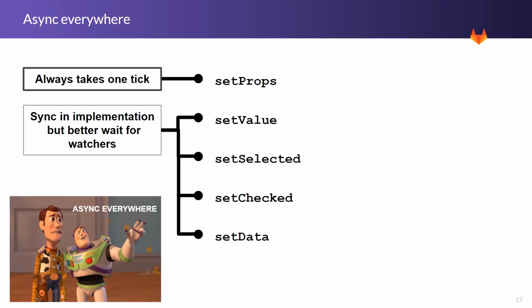But the rest, the other four, are actually synchronous. That means that if you observe changes in the template, you might see immediate changes, but they should be awaited. I hope we will have a linter incoming for this in the nearest future, because you should actually wait for Vue to trigger watchers and some other stuff.